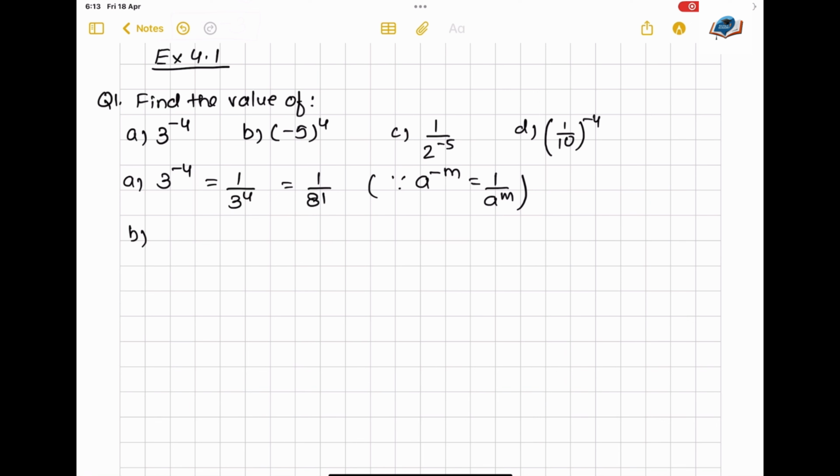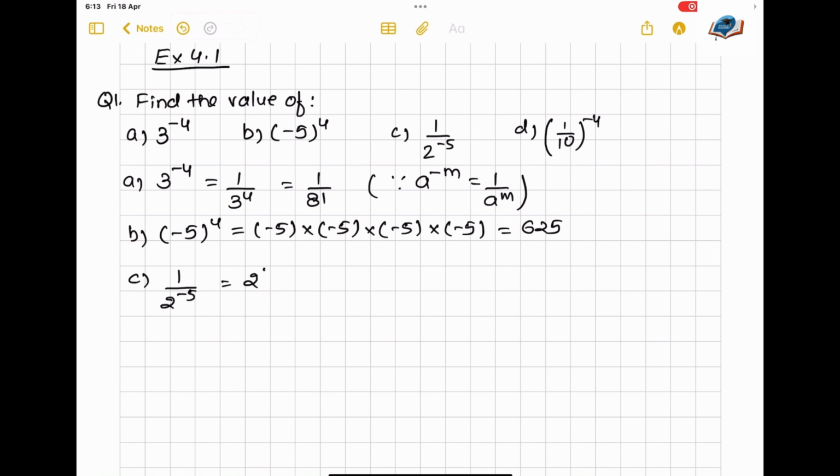Now B is minus 5 raised to 4, which will be minus 5 into minus 5 into minus 5 into minus 5. So that will be 625. Then the third one is 1 upon 2 raised to minus 5.